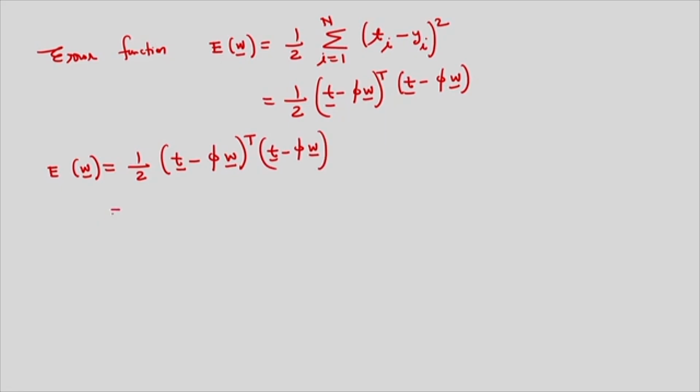This can be expanded: 1 by 2 [t transpose t minus w transpose phi transpose t minus t transpose phi w plus w transpose phi transpose phi w].